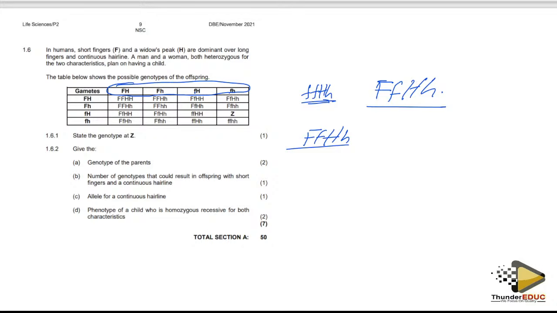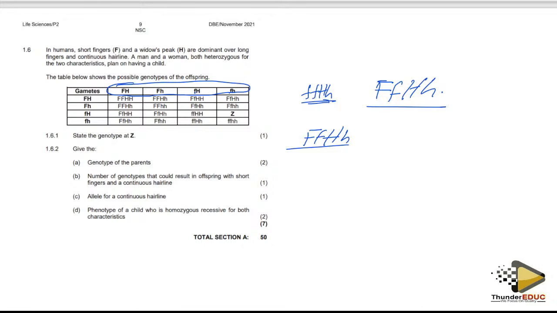So I'm going to say capital F, small h. This is the first individual. This is the second individual. Is there anyone else? Yes, the third individual. Is there anyone else? No. So there are three. So the answer is going to be three individuals.